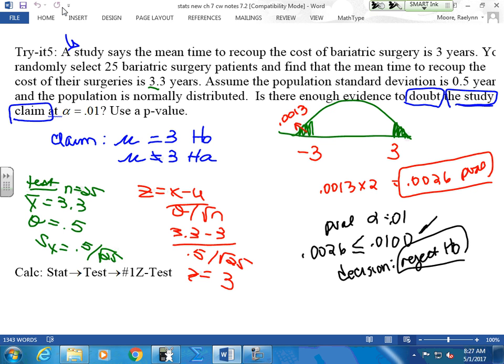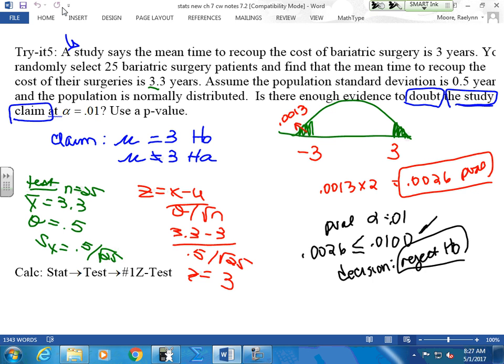Now your interpretation says, okay, the claim is H0. I rejected it. So let's look at this logically. This was my claim. I rejected this. So now I'm kind of having to say it is really not equal to 3, right? I have to kind of agree with the not equal to 3. But I can't say it that way. My claim is my H0.